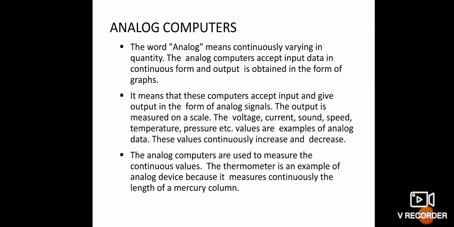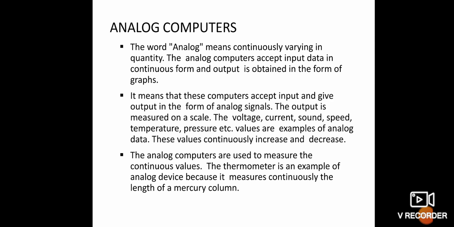It means the computers accept input and give output in the form of analog signals, like voltage, current, sound, speed, temperature and pressure. All these values will be continuously increasing and decreasing.